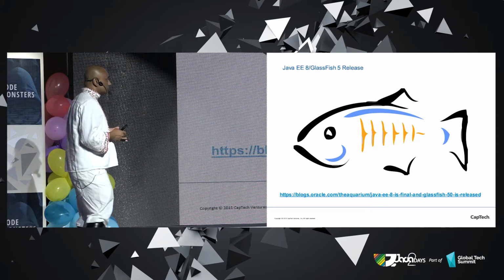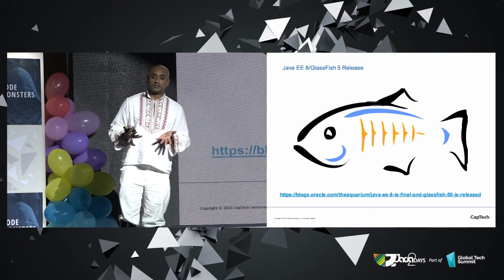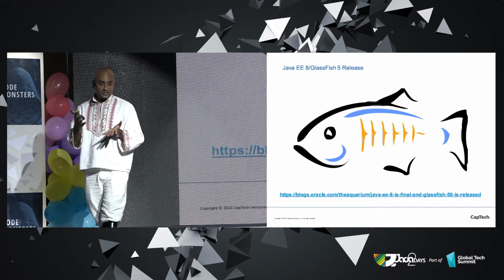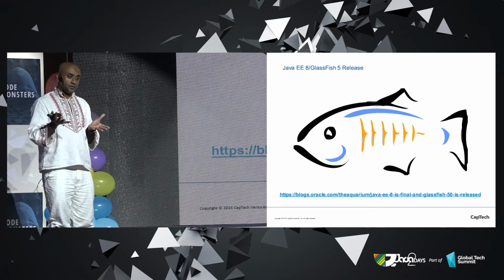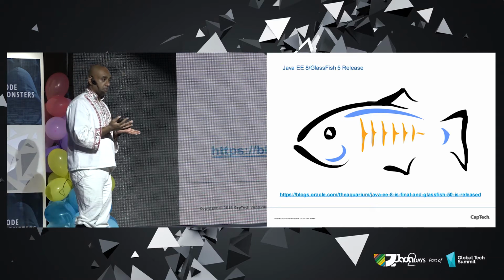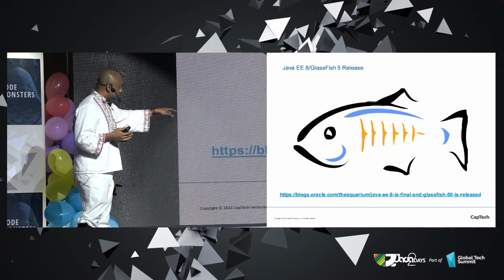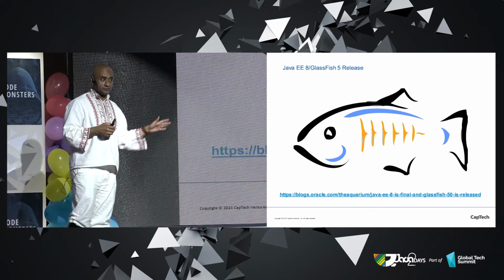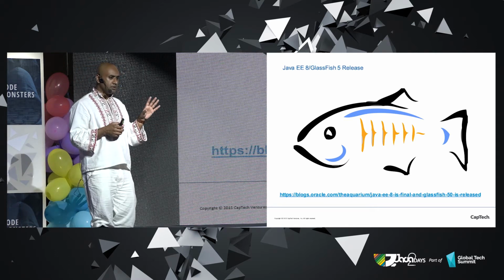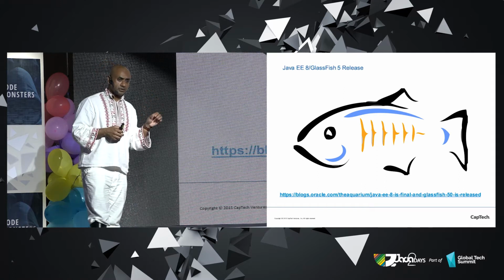Okay, so the good news is you can actually try all of this out. Java 8 was released just before June of this year, so just a few weeks ago actually. Glassfish 5 is the first implementation of Servlet 4, and I think probably the only production-ready implementation so far.